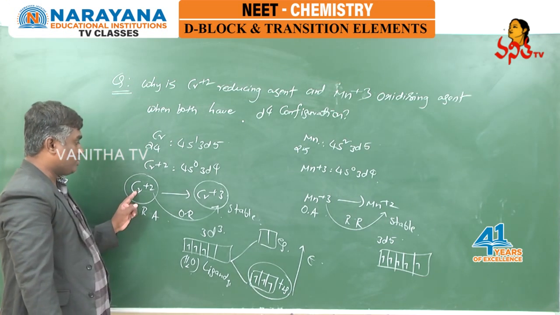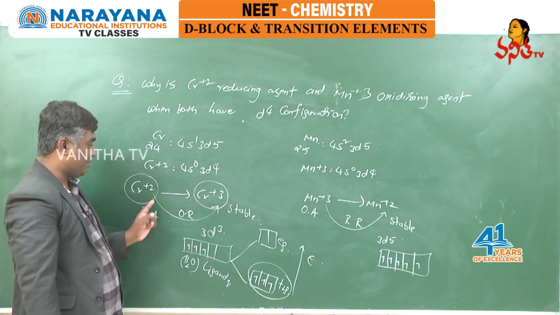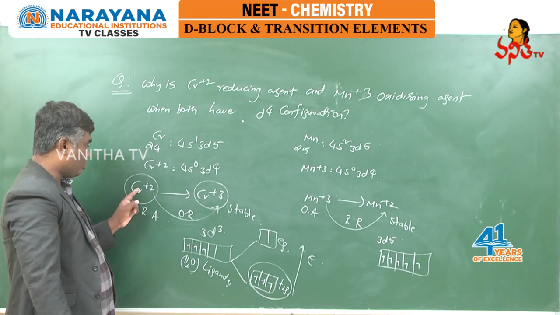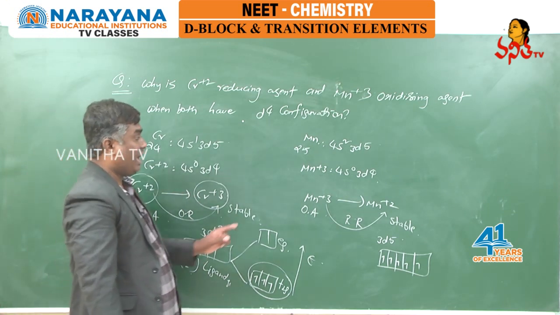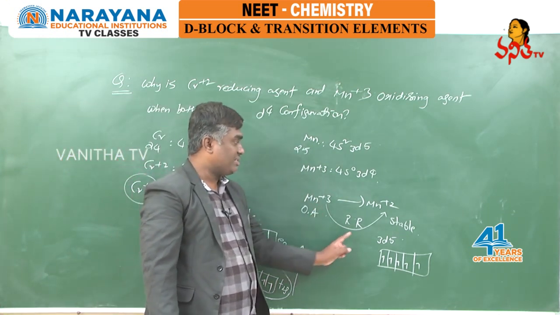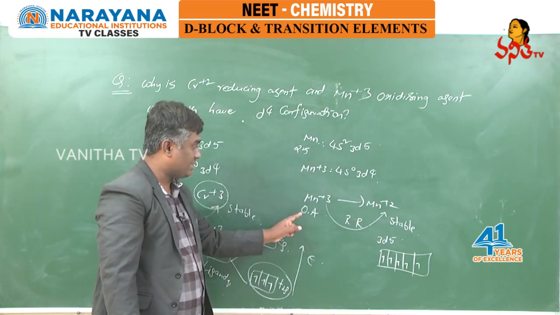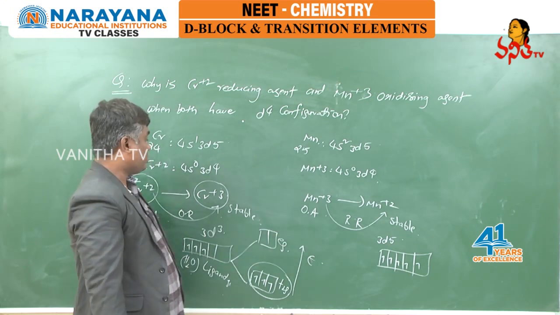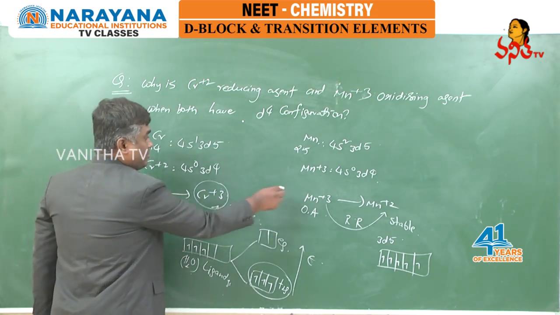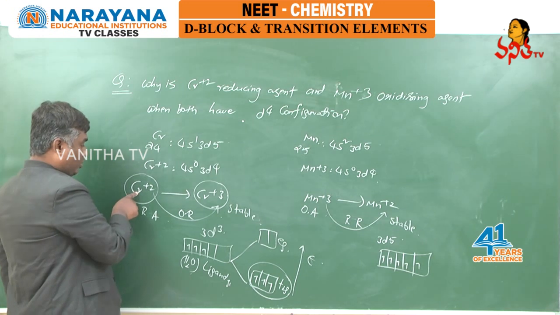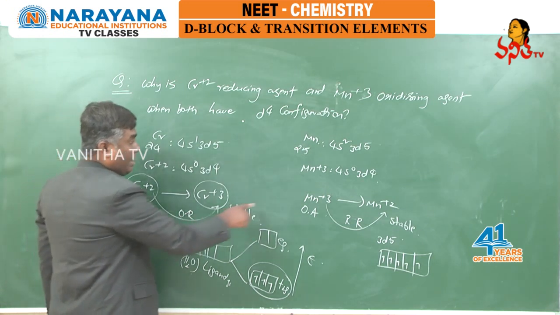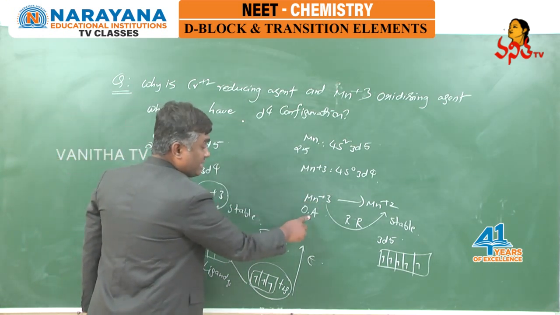So chromium +2 turns into stable chromium +3 as it is an oxidation reaction. Chromium +2 acts as a reducing agent, and manganese +3 becomes stable manganese +2 as this is a reduction reaction. So manganese +3 acts as an oxidizing agent. So even though chromium +2 and manganese +3 both have the same configuration, chromium +2 acts as a reducing agent, and manganese +3 acts as an oxidizing agent.